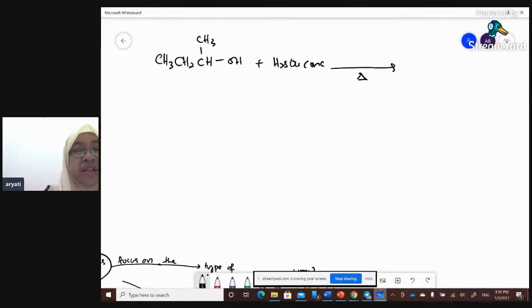Okay, so dia akan singkirkan H and OH from the adjacent carbon. So kalau dia singkirkan H dengan OH pada carbon bersebelahan kiri, so your alkene will be CH3, CH2, CH. So kat sini dah jadi double bond CH2. So double bond ni saya letak warna merah lah. Nak represent yang ini ialah yang merah ni.